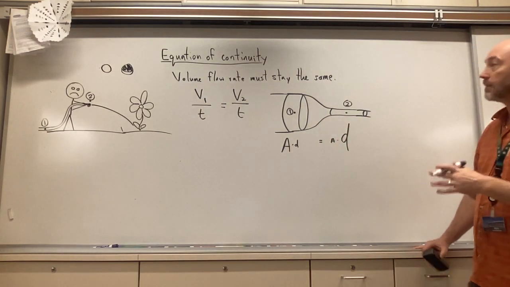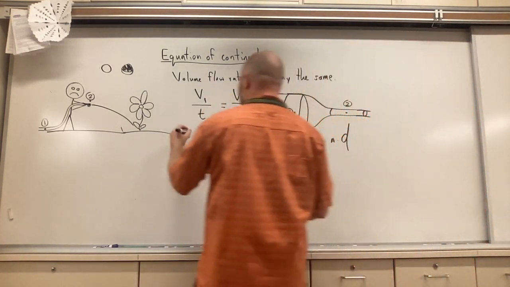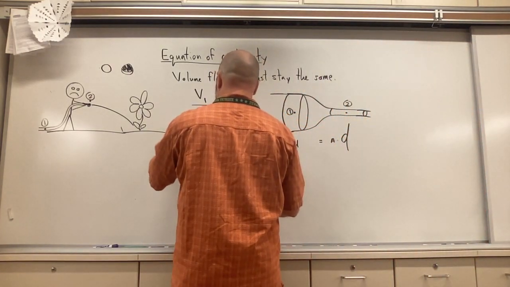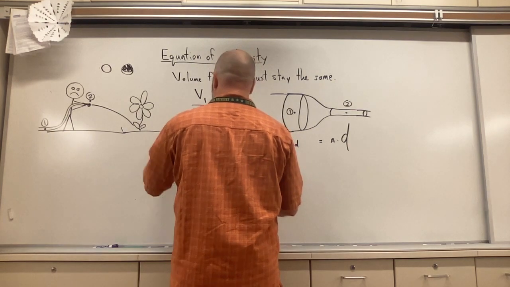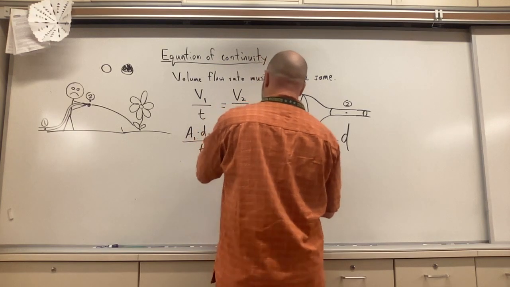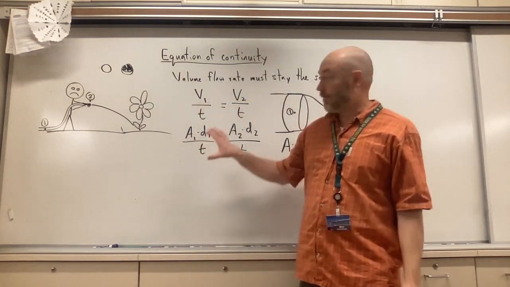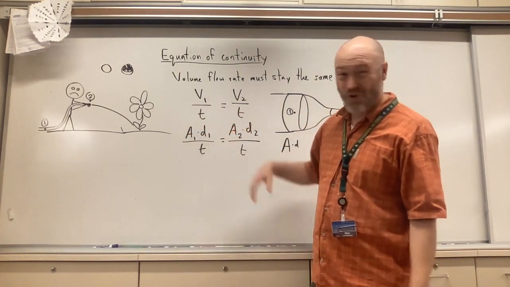Hopefully that makes sense. So if we plug that in, I have A1 times D1 over T equals A2 times D2 over T. Again, all this is saying is the volume flow rate has to equal the volume flow rate.